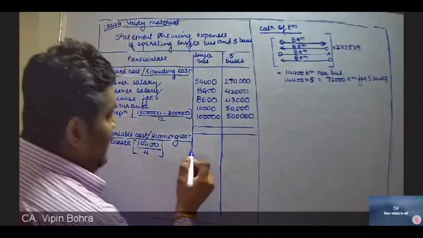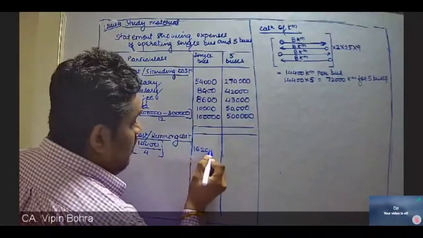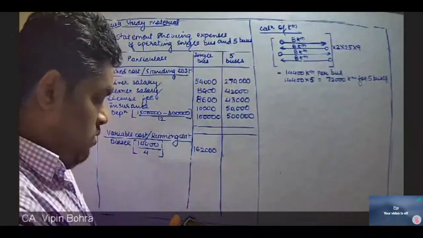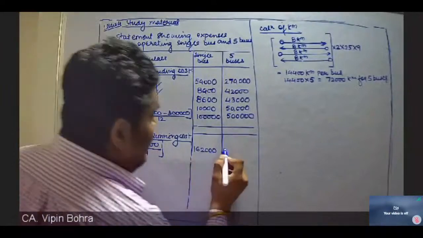So it will be 1,62,000 into 5, which is 8,10,000.